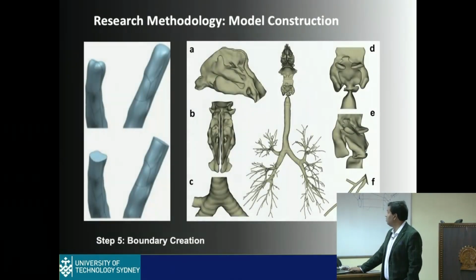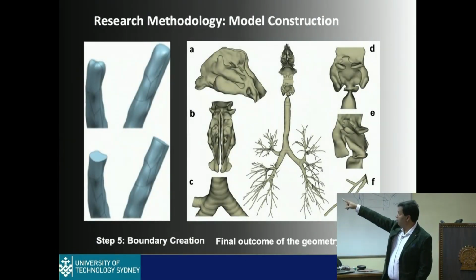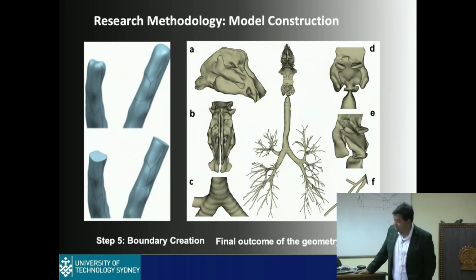Now you see on the top, the outlet is closed, then we cut it and apply the outlet boundary condition. So this is the final geometry. In this final geometry we got about 13 generations, because after that the airways are very tiny, a couple of microns in diameter, and it is not possible to get them from CT scan.